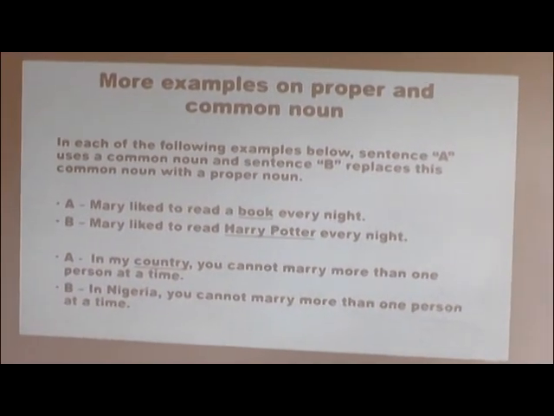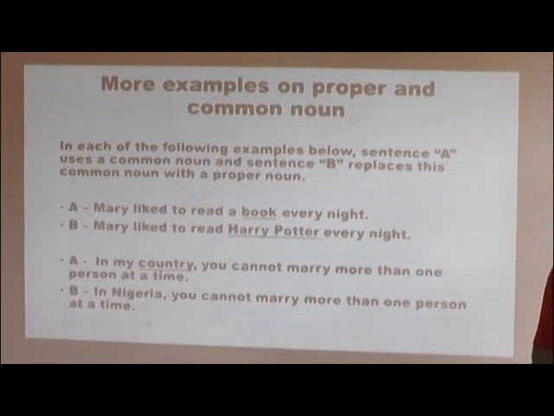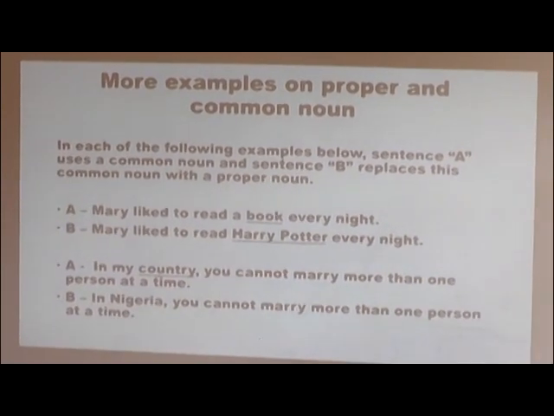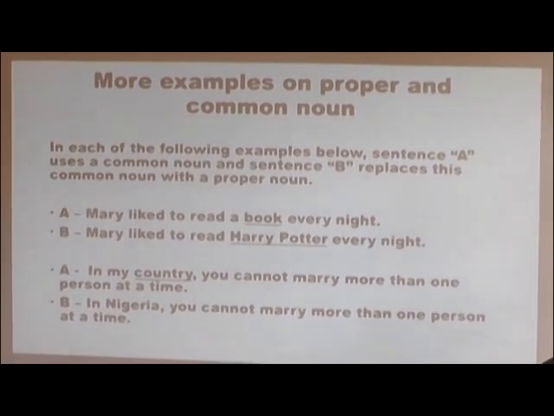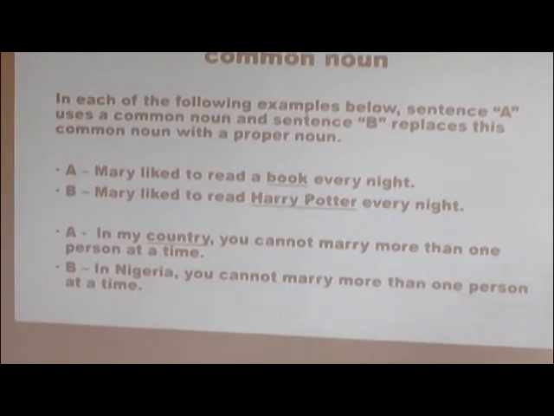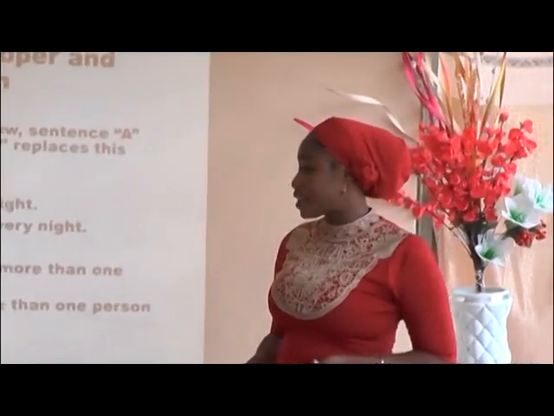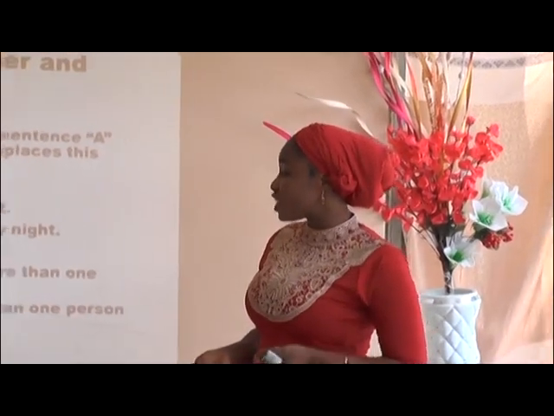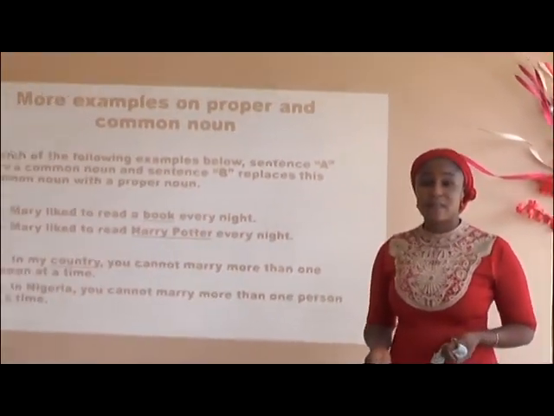It's being replaced with what? A proper noun. It helps to give us the name of the country. It says in Nigeria, you cannot marry more than one person at a time. Therefore, country in the first sentence is what? Is a common noun.